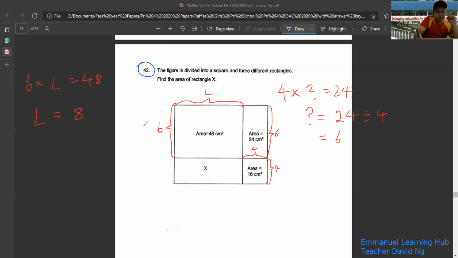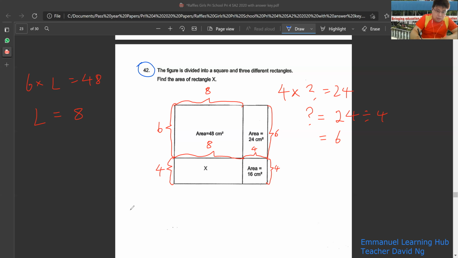Very good. L is 8. If you know this is 8, so here is 8, and this width is 4. So what's the area of X?